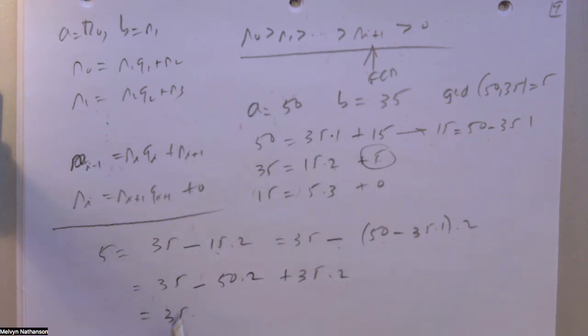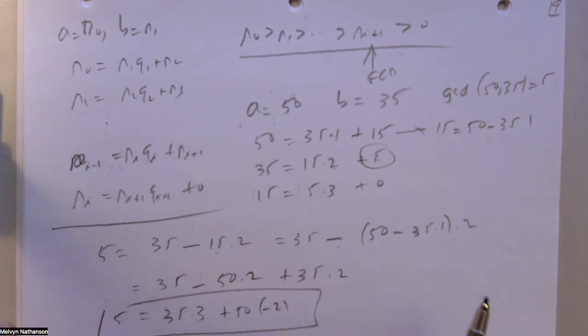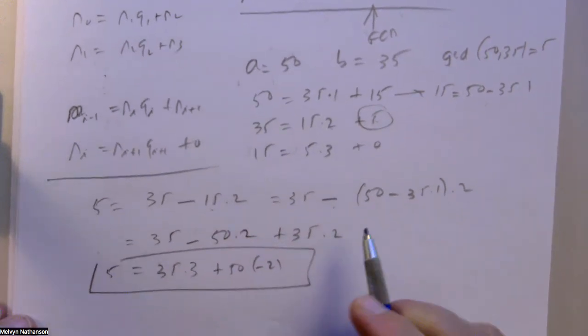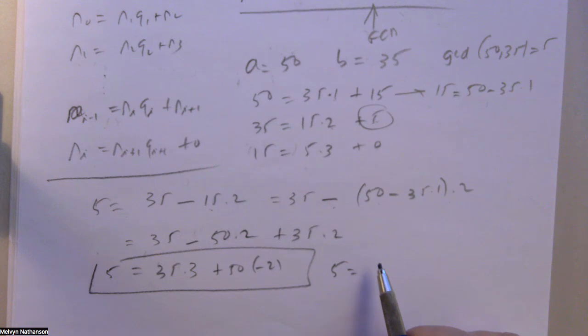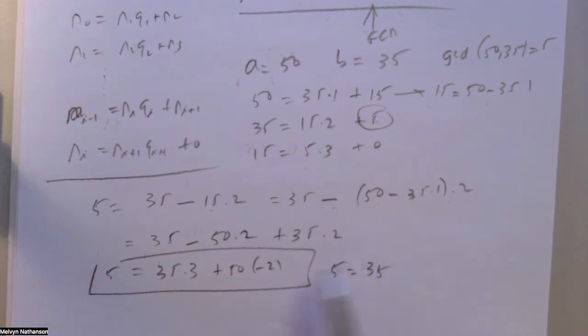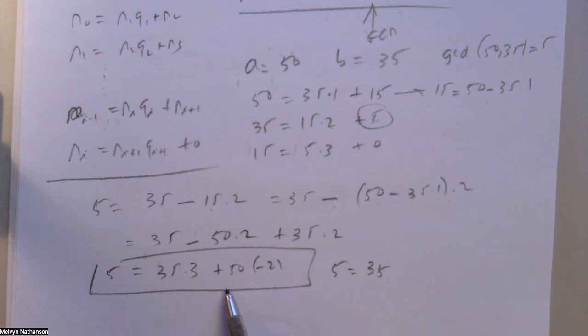That's 35 times 3 plus 50 times minus 2. And what I've done is I've written 5 as some linear combination of the two numbers I started with, 35 and 50.